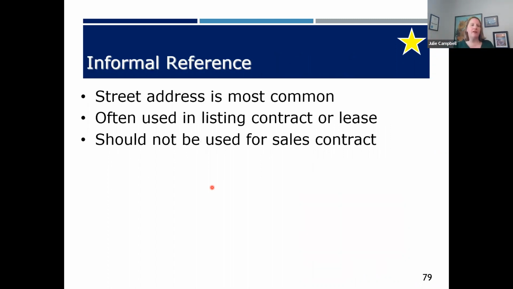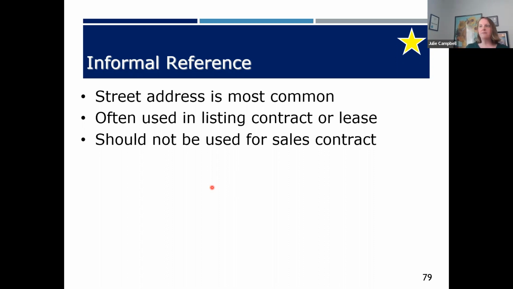An informal reference is mostly referring to the street address. When you're conveying property, such as for a sales contract, when you're transferring property from one person to another, the street address alone is not sufficient. We need as much of the legal description as we can.